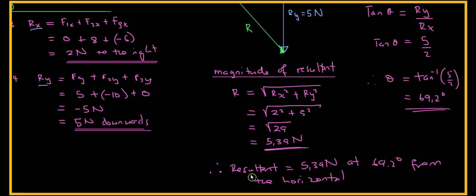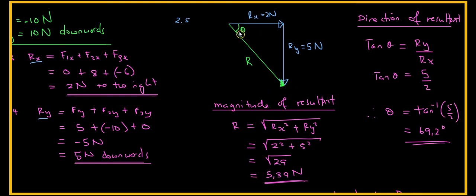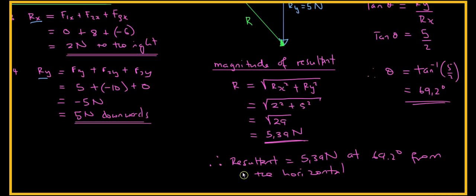So our angle is actually from the horizontal. This is the horizontal, and from the horizontal to the resultant, the angle here is 69.2. So this is the conclusion at the end of the day.